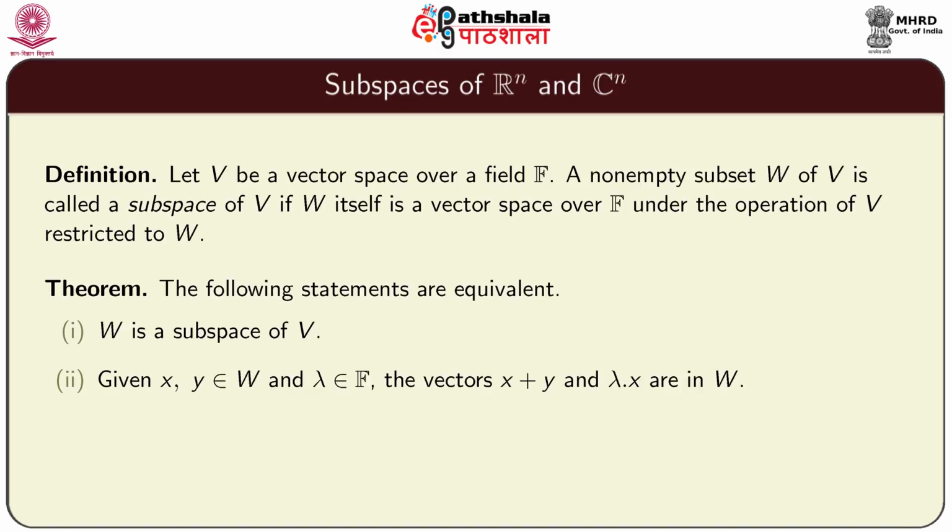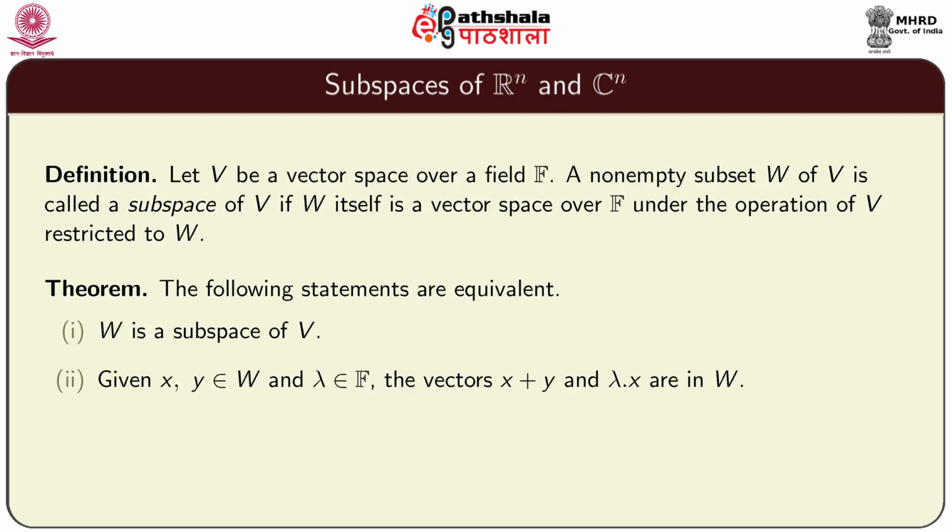What we have said just now is precisely the next theorem. W is a subspace of V if and only if, given x, y in W and lambda in F, x plus y belongs to W and lambda x belongs to W. A usual way of calling these things would be: W is closed under addition and scalar multiplication.